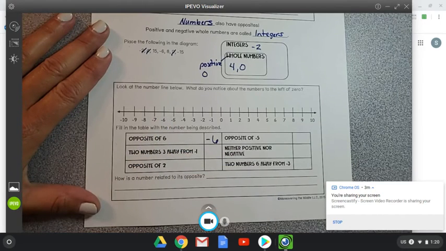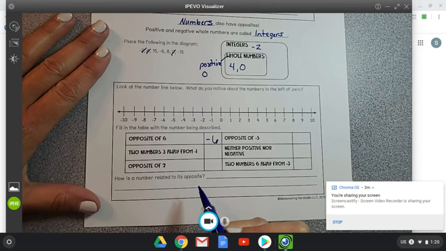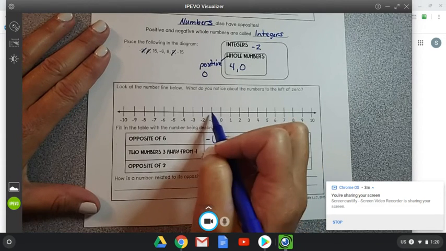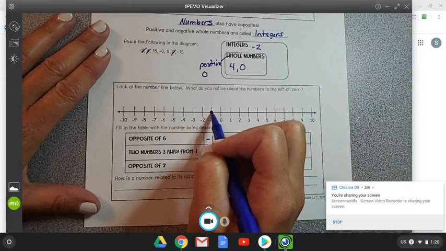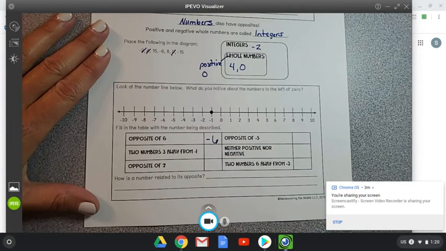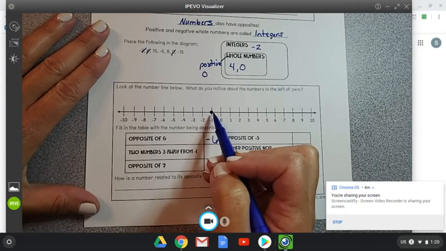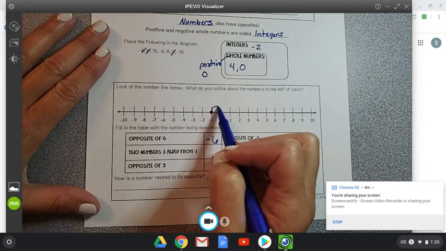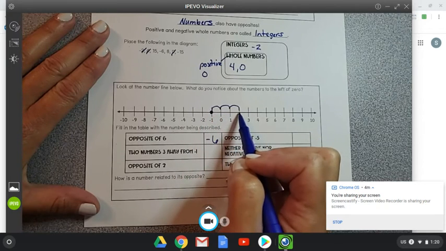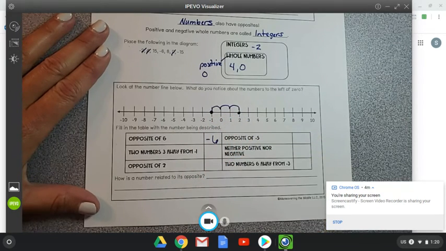Now, if I'm looking for two numbers that are 3 away from -1, that means I'm going to start at -1, and I'm going to move 3 away from that, right? So if I move 3 away from -1 to the right, I'm going to go 1, 2, 3, and that's going to put me at +2.